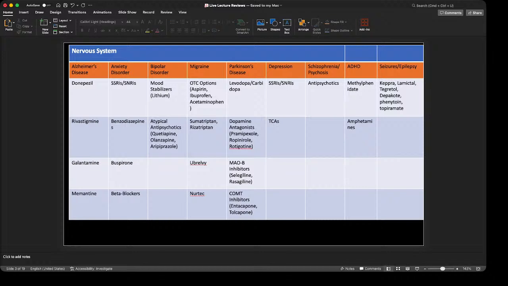Then we already talked about some anxiety disorder medications like SSRIs, escitalopram, Lexapro, citalopram, things like that. Benzodiazepines, which obviously, when it comes to benzos, you're going to be increasing the inhibitory part of the nervous system.